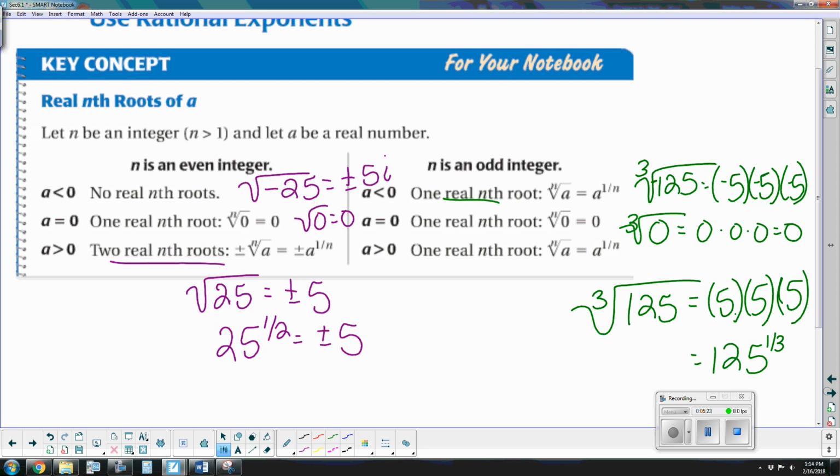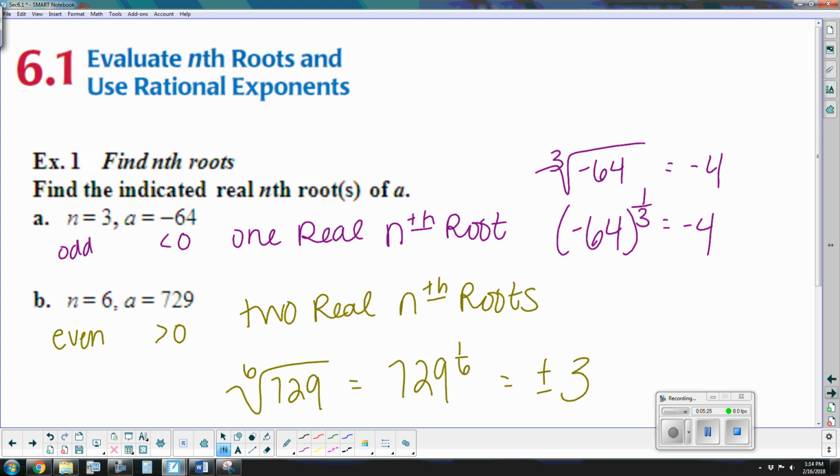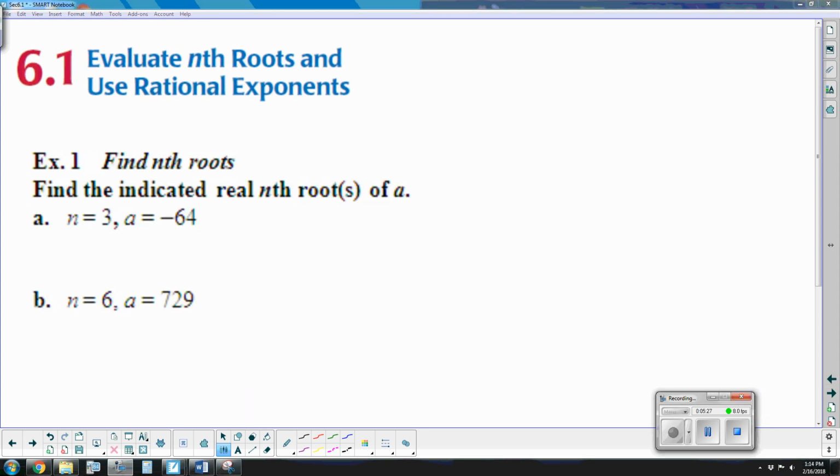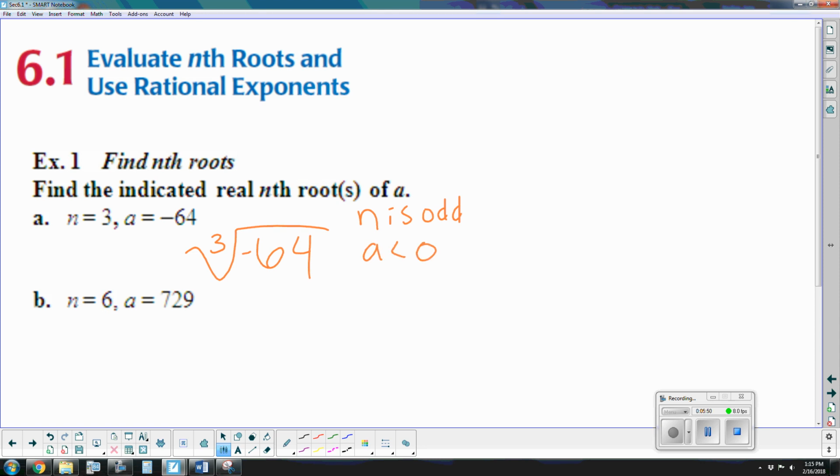So let's look at applying this. In this next example, n is equal to 3 and a is equal to negative 64. So we're looking at the cubed root of negative 64. Okay, so our n is odd and our a is less than 0.